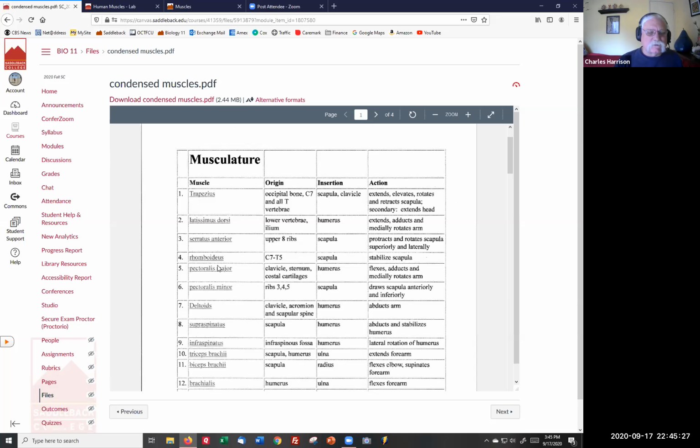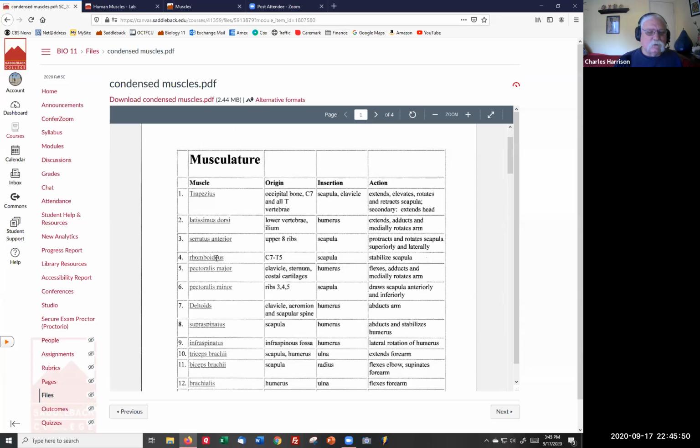So if I were to ask, what is the origin of the rhomboides, I would have multiple choice. One of the answers would be C7 to T5. Another might be ribs 3, 4, 5. Another might be scapula. You have to hone in on that one.